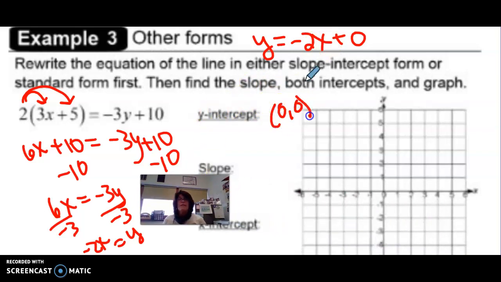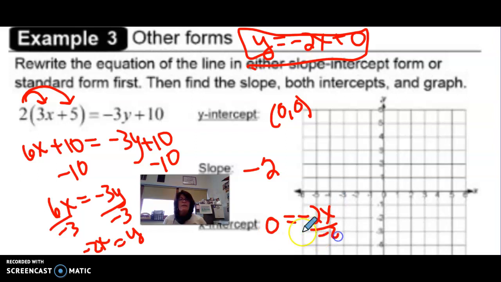I can see it. Now that it's in my slope-intercept form, I see my y-intercept is 0. I see my slope is negative 2. My x-intercept, well, I'll have to put 0 in for y. Ooh, it looks like the x-intercept is 0, 0 as well. Okay, with my slope of negative 2, I might write that as a fraction and go down 2 and over 1, or I'll go up 2 and to the left 1, as long as I make one negative move.